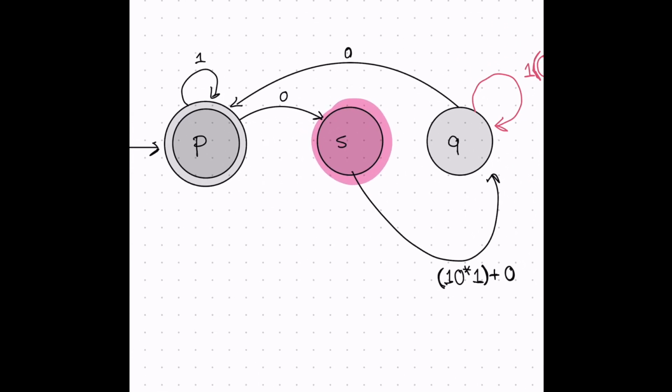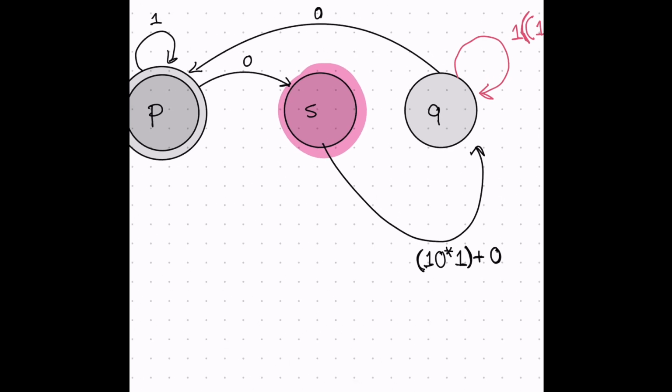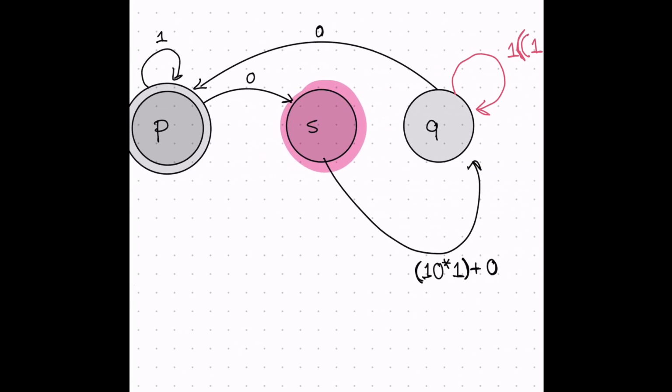And next up, I want to get rid of this one from P to S. So we're instead going to make a transition straight from P to Q. The only difference is that you need to have this 0 from the starting point. Let me change the color.